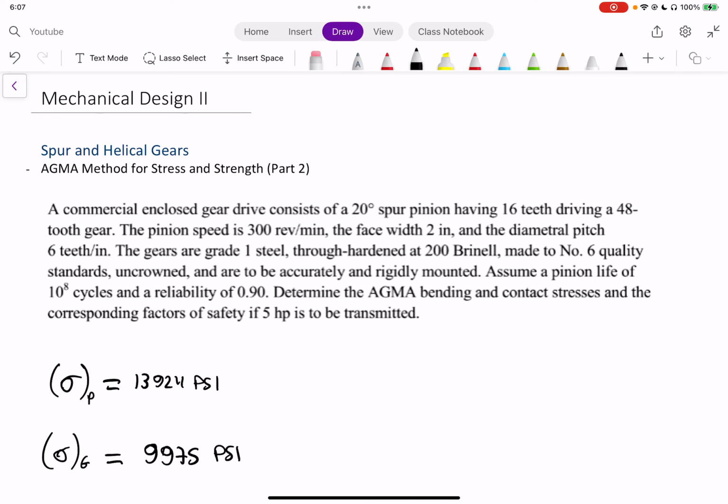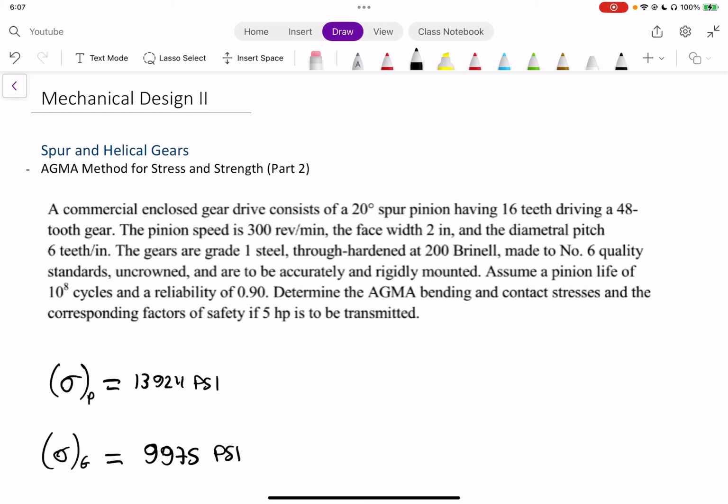In the question, we're also told the material for the gear and all the information from the gear to figure out the strength of the gear. So we know the strength and we know the stresses, and then we can compare the stresses to the strength and figure out whether we actually have a good factor of safety. It just says to find it, but we're also going to look at it and make sure that it makes sense to us as a design. If it doesn't, then we need to make a change to the design to make it more reliable.